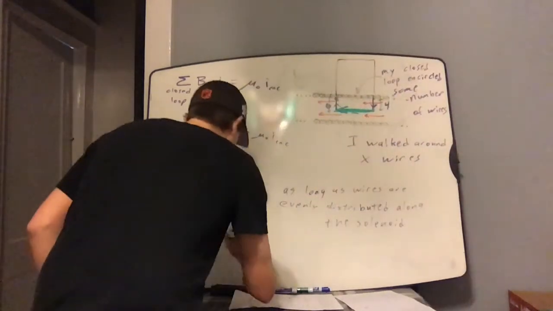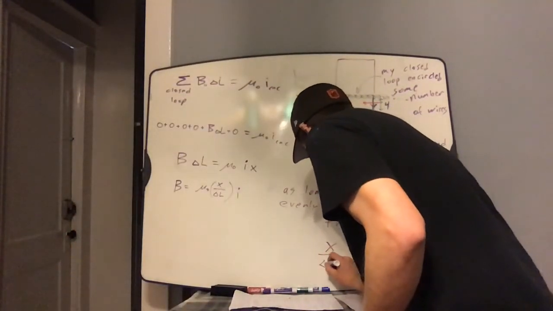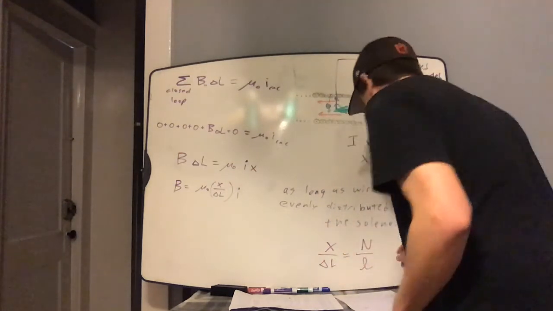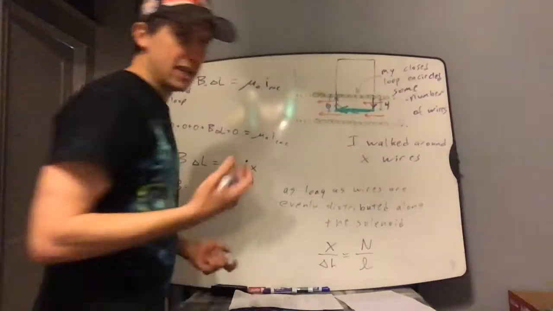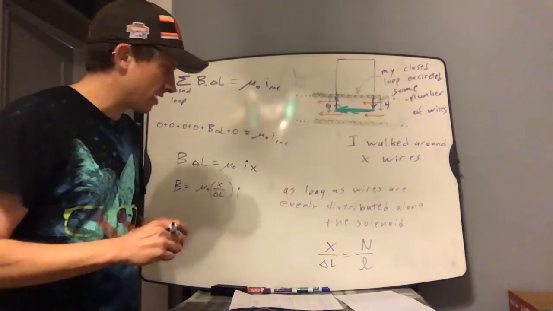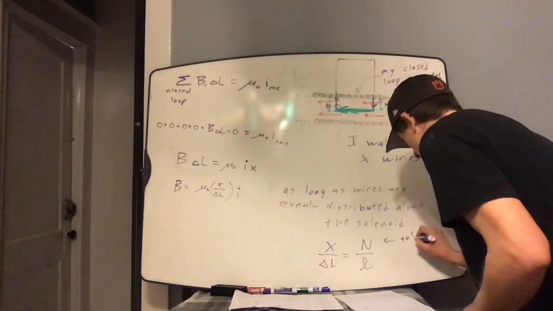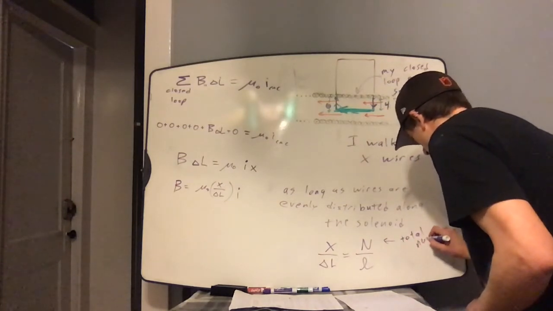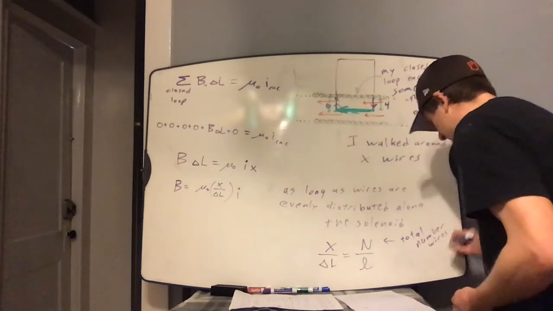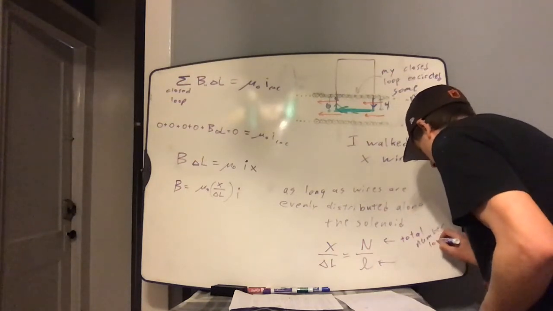I could say X over delta L could be written as capital N over cursive L, where capital N is the total number of wires, or loops, in the solenoid, and cursive L is the total length of the solenoid.